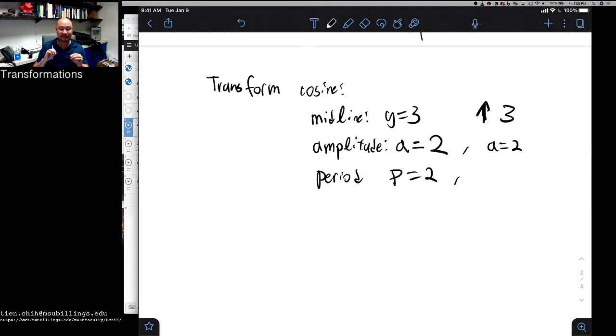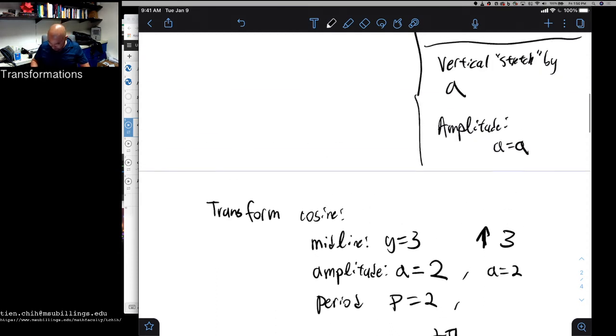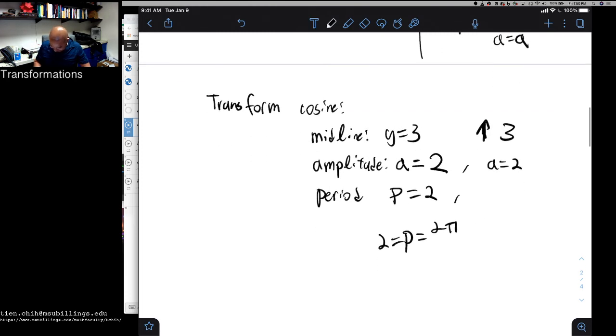And finally, the final piece of this is that our period is 2. In order to see that the period is 2, we notice that 2 is the period, which is also 2 pi over k, which means that k is 2 pi over 2, which is just pi.